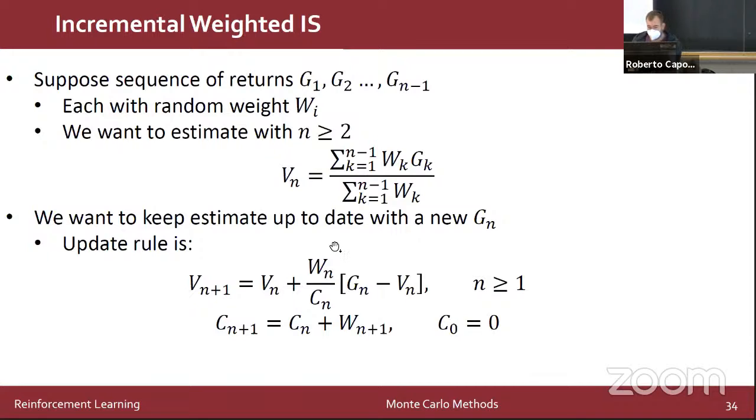We update it by the usual formula: old estimate plus some alpha that multiplies our target minus our current prediction. Our current prediction is again V, our target is the return, and here we select our alpha as the weight divided by C of n, where C of n is estimated similarly in an incremental way, just as the incremental sum of the weights.